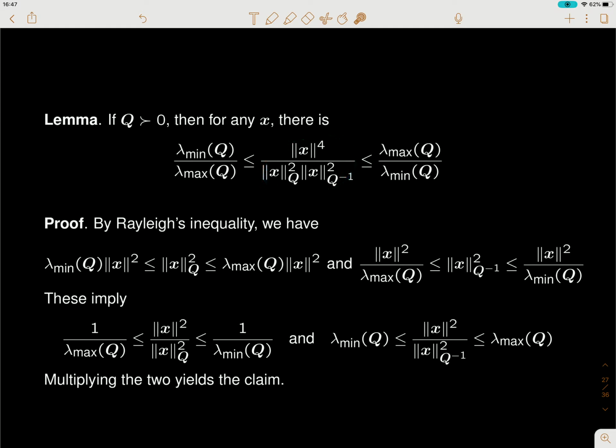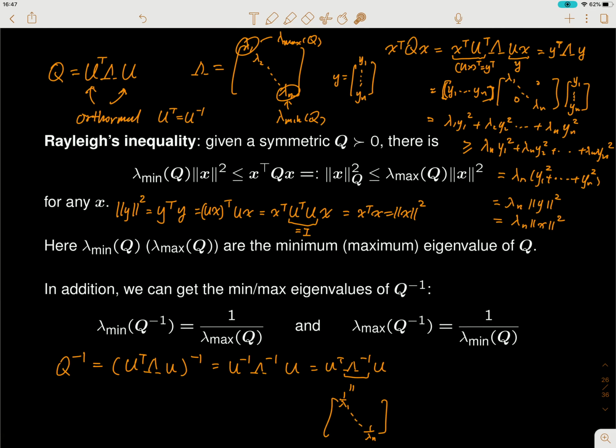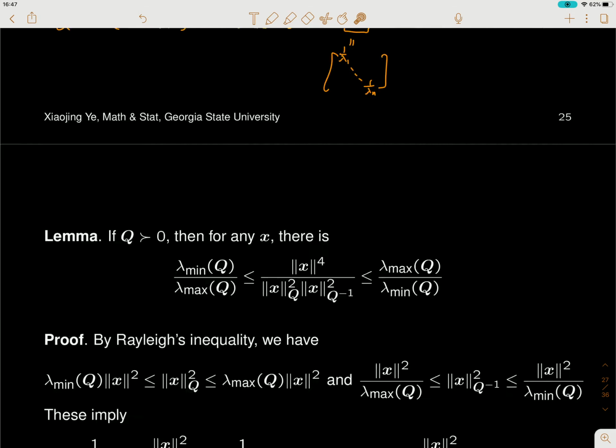To do that, let's first recall the Rayleigh inequality. The Rayleigh inequality says that the squared Q norm of x is bounded between these two. That's the first one.